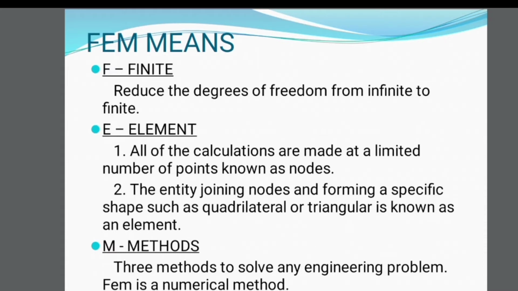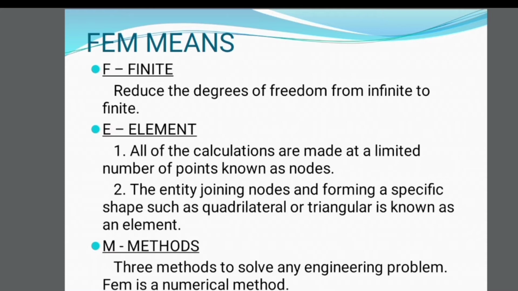The finite element method reduces the degree of freedom from infinite to finite with the help of discretization or meshing. So whatever three-dimensional object is there, we just have to convert it into 2D or 1D with the help of the discretization or meshing process.